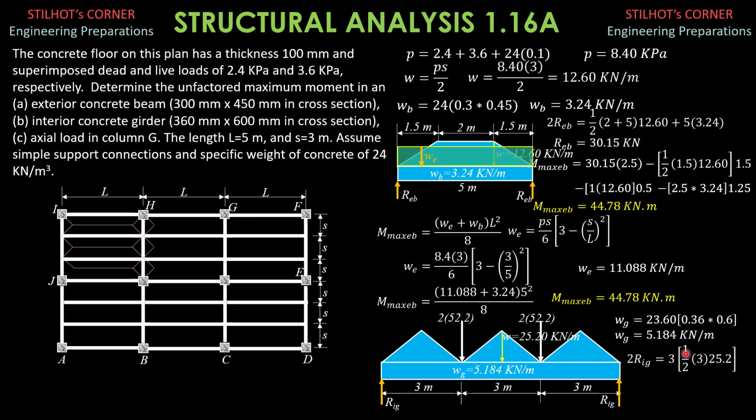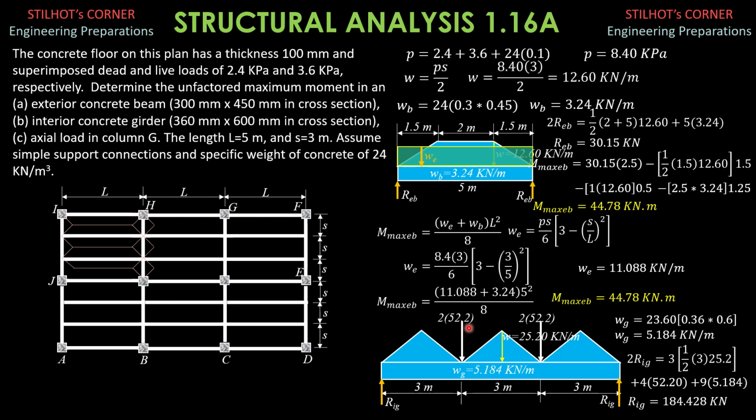The area is 1/2 of 3 times 25.2, so times 3, plus 4 times 52.2, plus this rectangle here, which is 9 times 5.184. So RIG is equal to 184.428 kilonewtons.